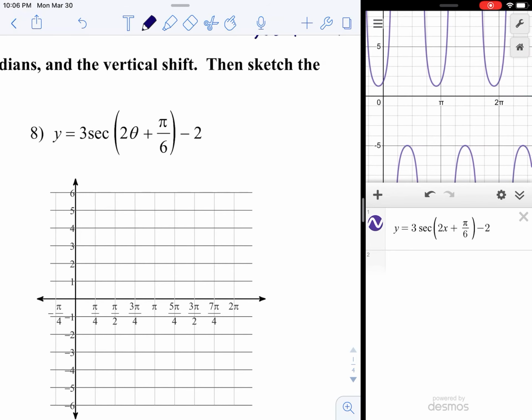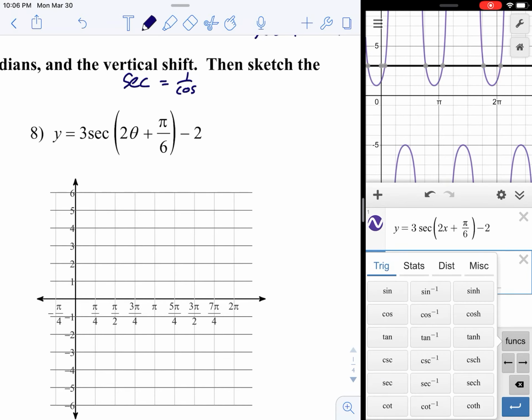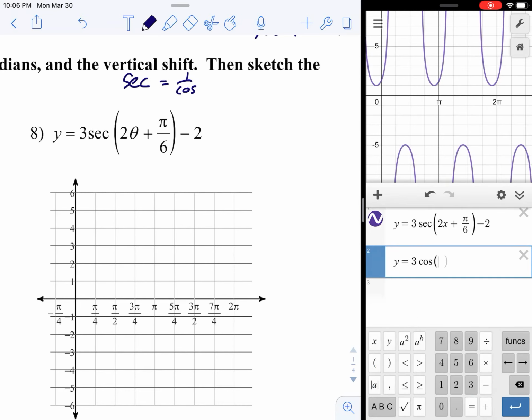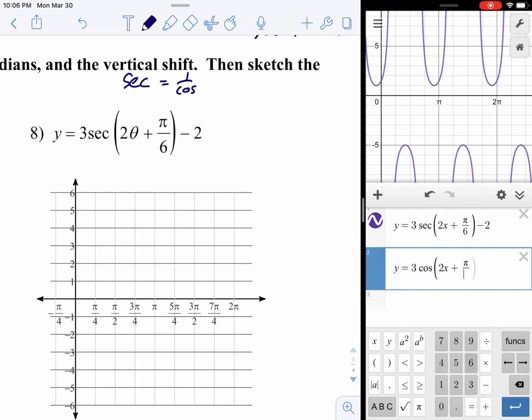But what's interesting is, now remember, secant is the reciprocal of cosine, or cosine is the reciprocal of secant. Watch what happens if I graph this exact same thing, but I use the cosine instead. So I'm going to keep everything else the same: 2x plus pi over 6 minus 2.